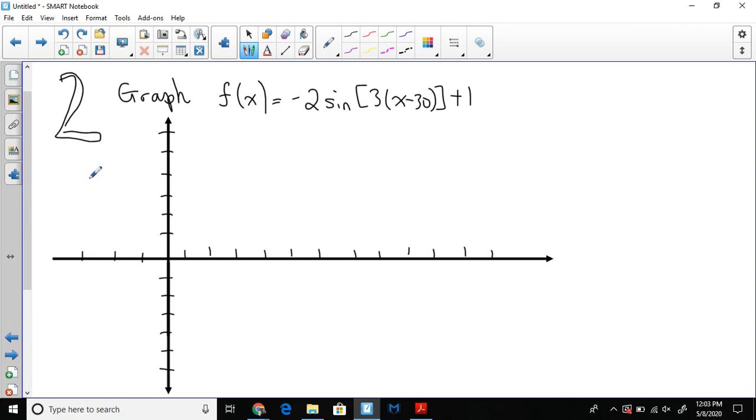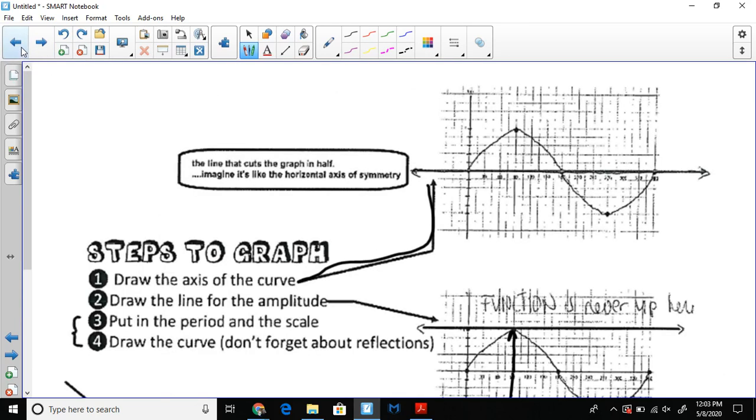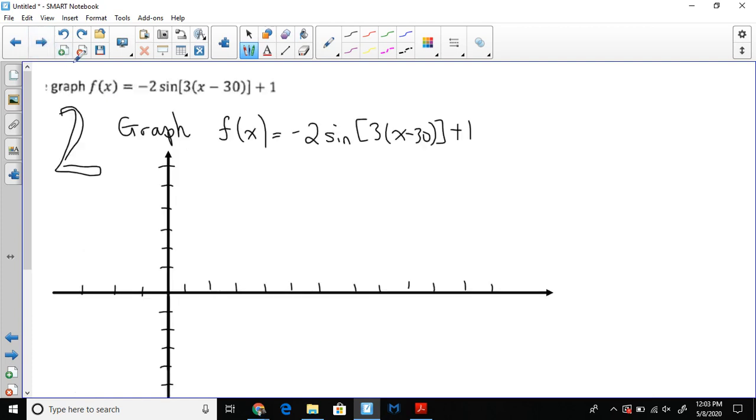Now, what is my first step when I graph? Well, I said back here that let's draw the axis of the curve. When I look at my equation, the axis of the curve is this number here.